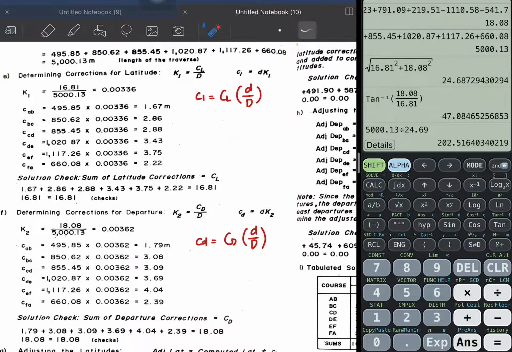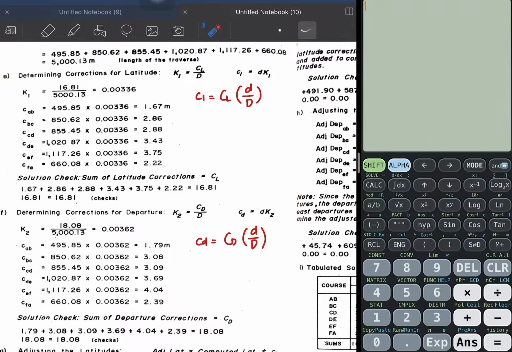So let's try to check if, when you use this formula and this formula, it's the same answer. So first you have to recompute this one. That is 0.00336, 16.81 divided by 5000.13, so that is 0.0036. Okay, that's correct.